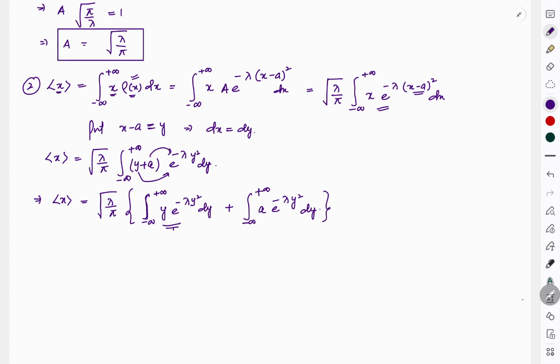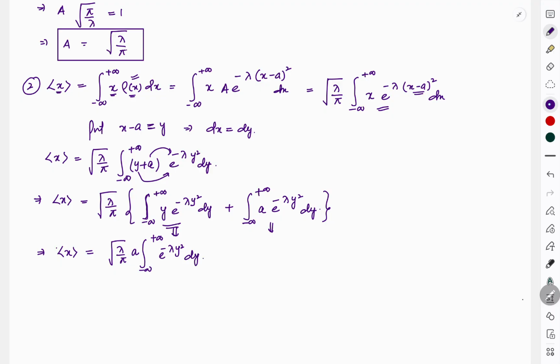Now if we see, this is the odd integral and it would be 0. There only remains this one. So expectation value of x equals root of lambda divided by pi, integral from minus infinity to plus infinity, let's put a outside, e power minus lambda y square dy.